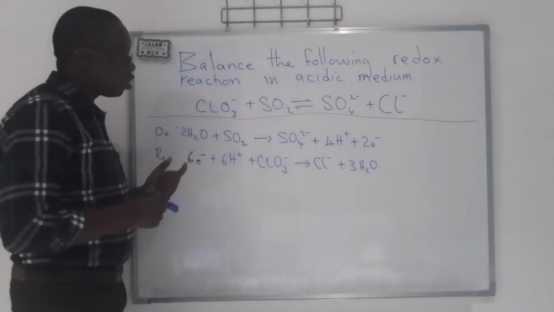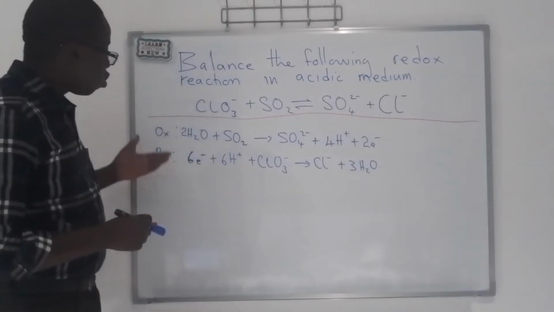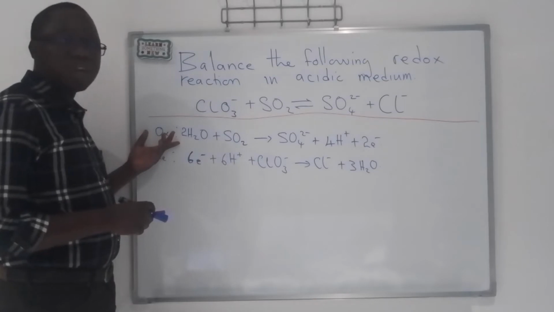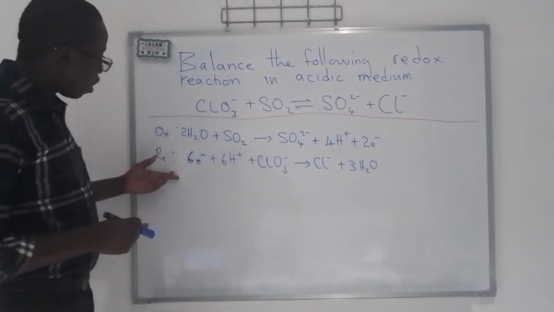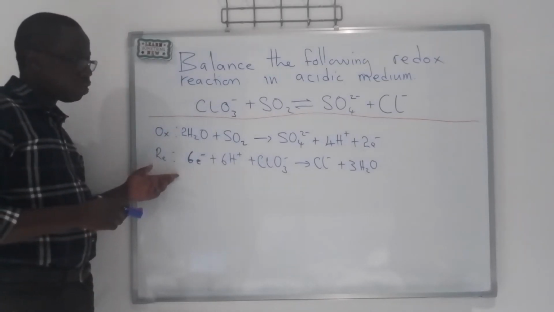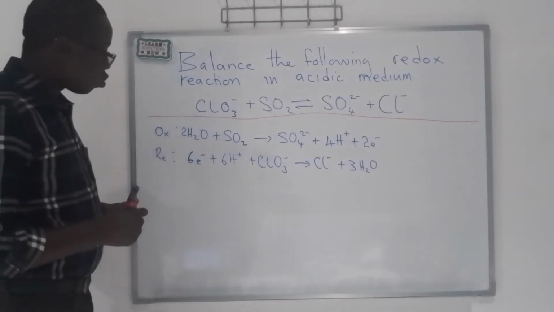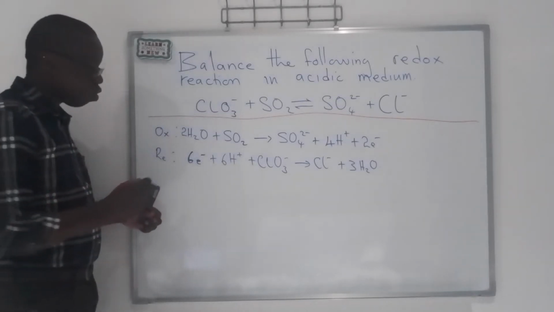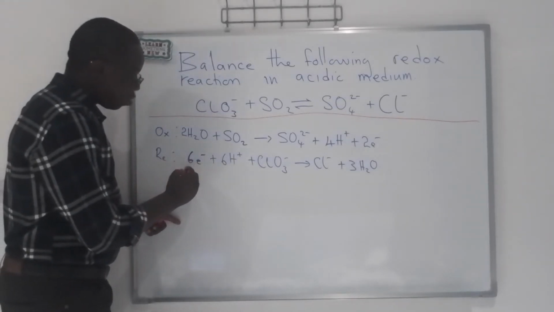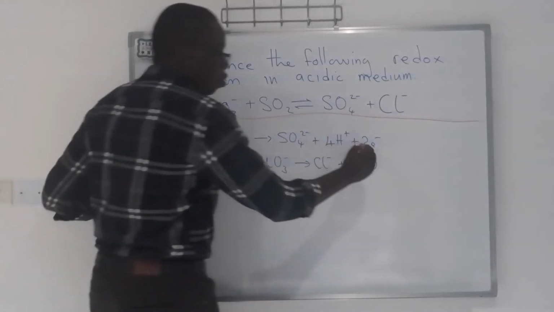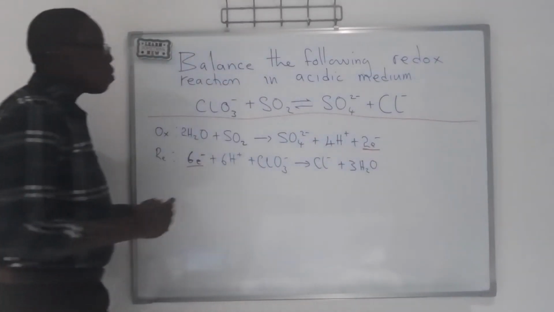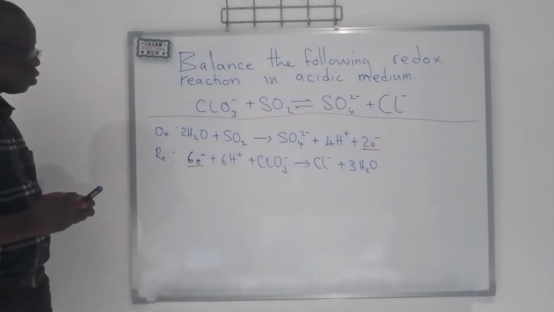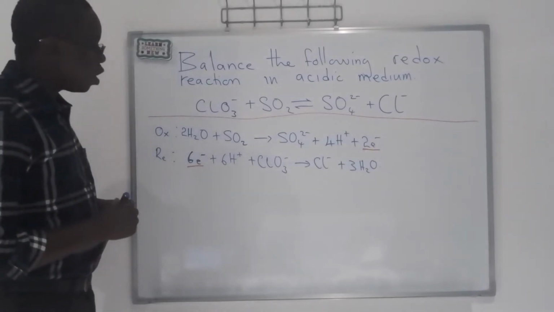Now that we have reached this far in our balancing, we have the oxidation reaction there. We also have the reduction reaction. You will notice that we have one puzzle to solve, which is balancing off the number of electrons gained to the number of electrons lost. So what do we do here?